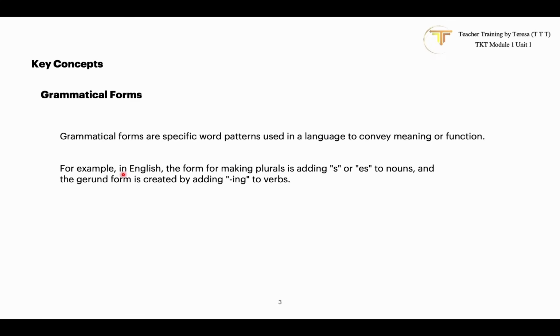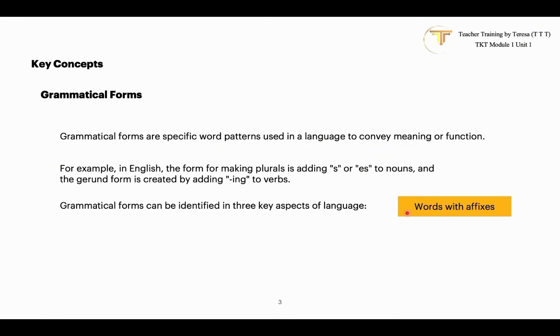For example, in English, the form for making plurals is adding s or es to nouns, and the gerund form is created by adding ing to verbs. Grammatical forms can be identified in three key aspects of language: words with affixes, parts of speech, and grammatical structures.